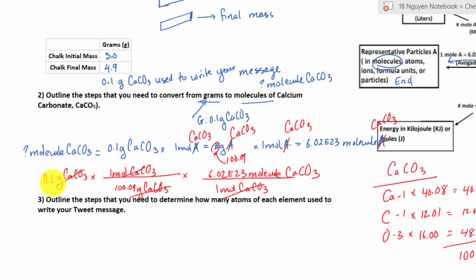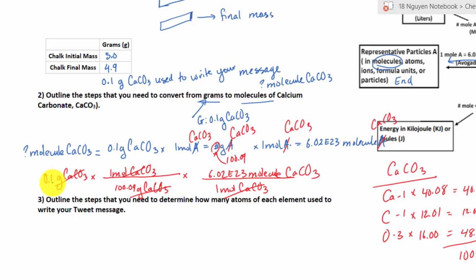All we have to do now is plug it into the calculator. 0.1 divided by 100.09, that's because it's on the bottom, times 6.02 E23, that's because it's on top.